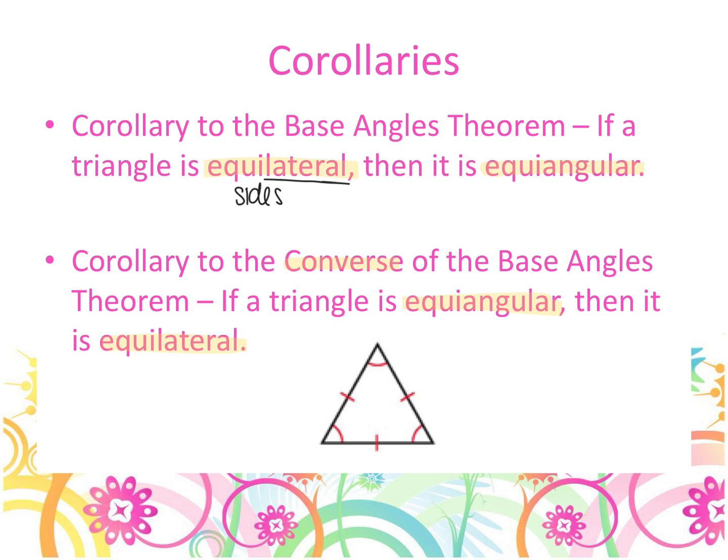It has the word lateral. And then equiangular has to do with the angles. So corollary to base angles theorem: if a triangle is equilateral, then it is equiangular. So I'm going from sides to angles. And then the converse is going from angles to sides. So don't forget what that word converse means.